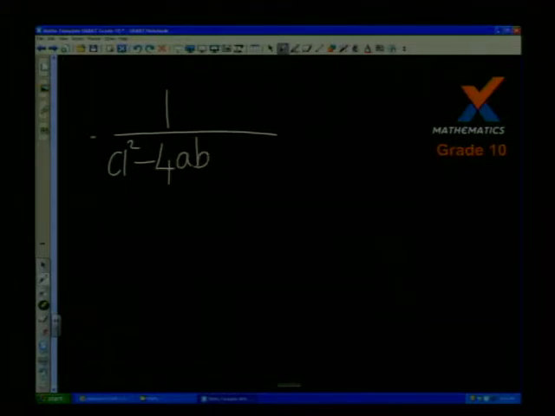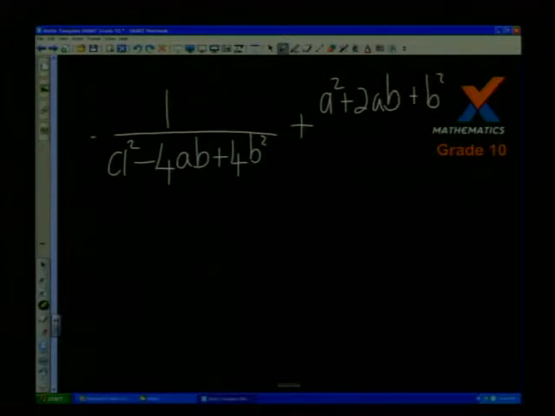Again, the instruction will be to simplify, and I have a squared minus 4ab plus 4b squared, and then plus my following term, a squared plus 2ab plus b squared, and all of that is divided by a to the power 3 minus 8b to the power 3.